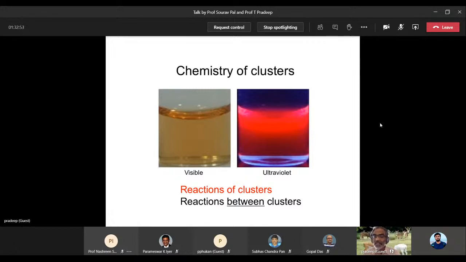Today, these clusters are studied for a number of their optical properties because of their high quantum yield. I wouldn't say really intense in comparison to organic molecules.